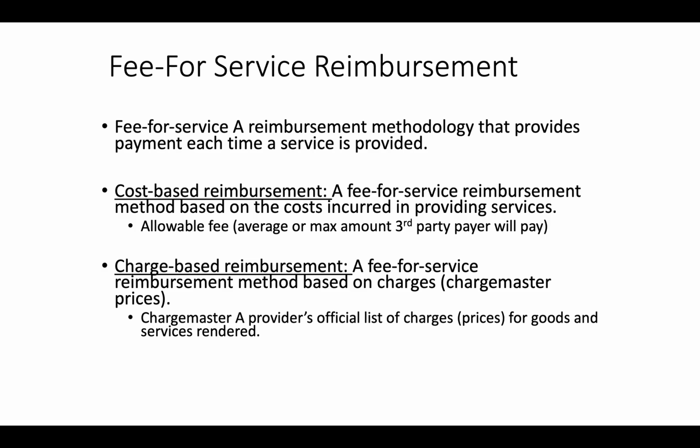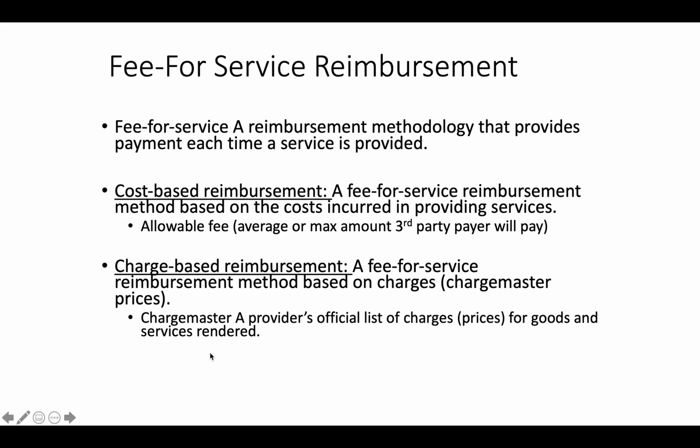There is usually a list of services, and for each service there is a cost that I need to pay if I get this service. Charge-based reimbursement, a fee-for-service reimbursement method based on charges, which is really the price that the provider has put to provide this service.